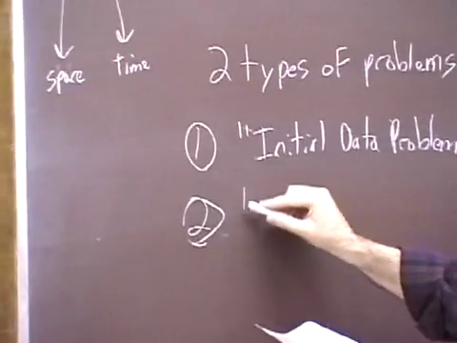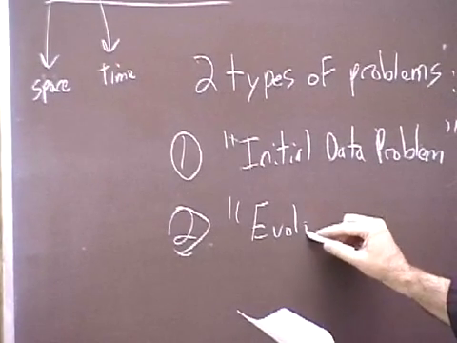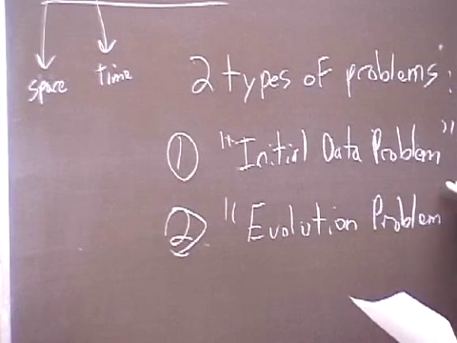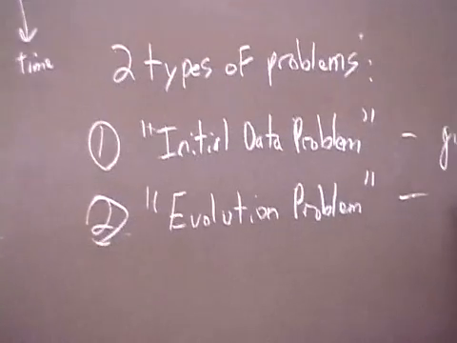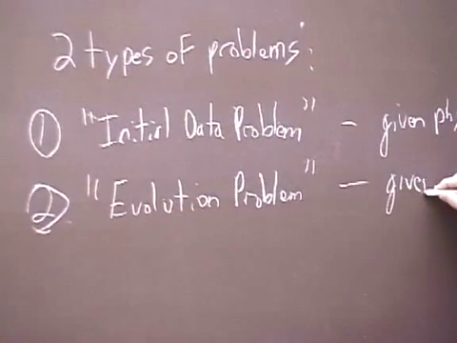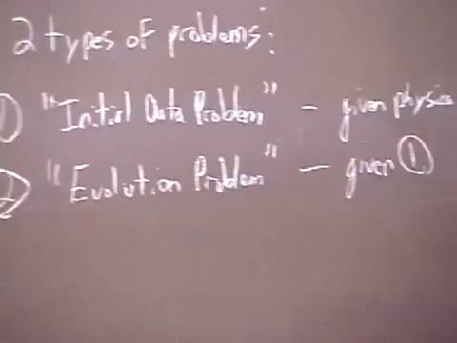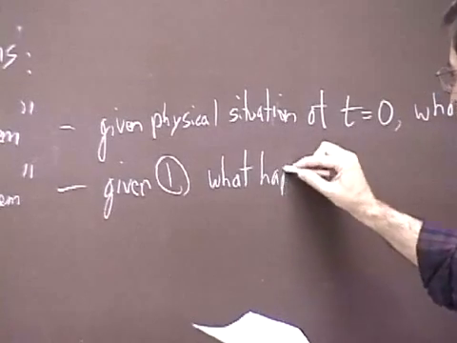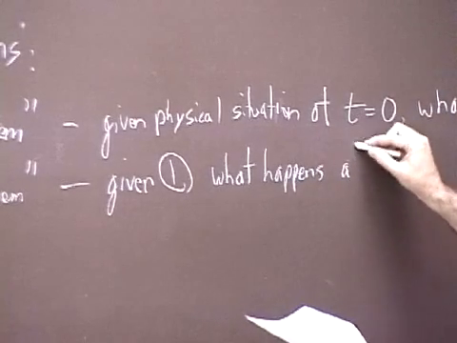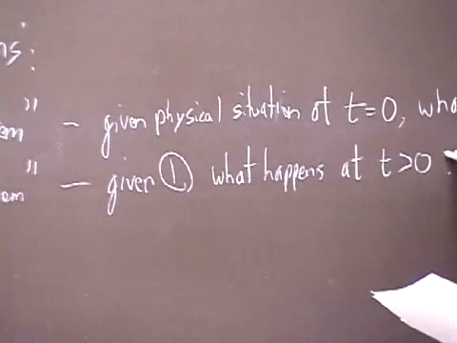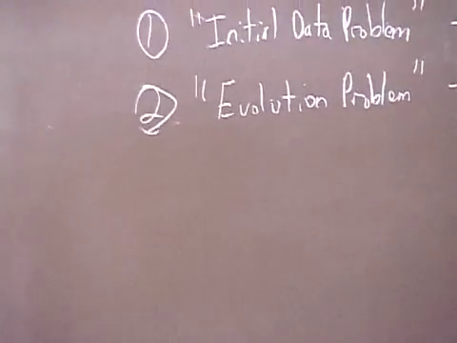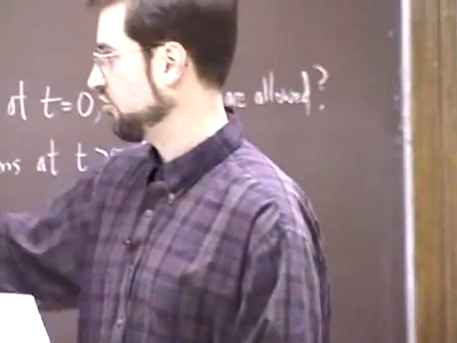The second type of problem is the evolution problem. Let me describe this by saying, given the initial data problem, what happens later, at t greater than 0? In order to solve these problems, there are 2 things that we need to know.